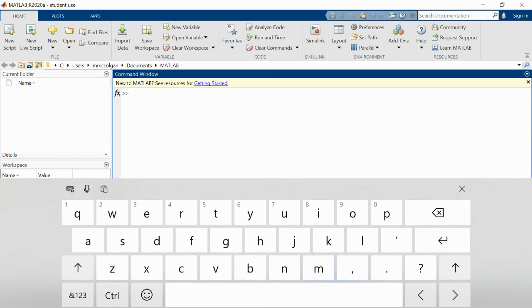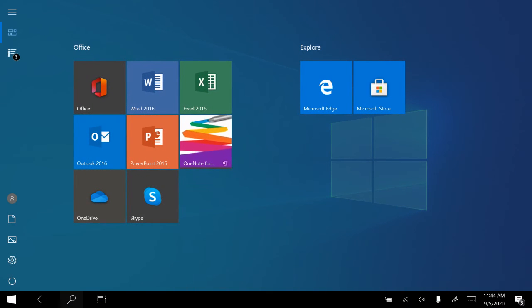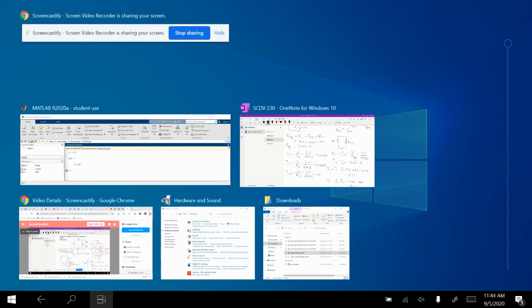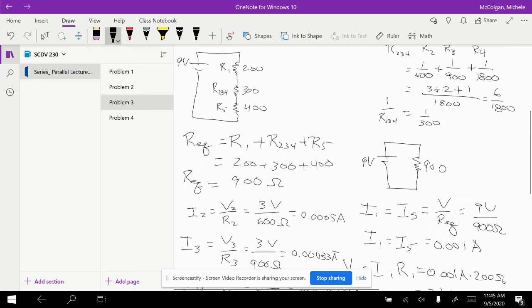We can do 1 divided by 6, which gives 0.16667. So 0.000167 amps. So I can fill that in here.